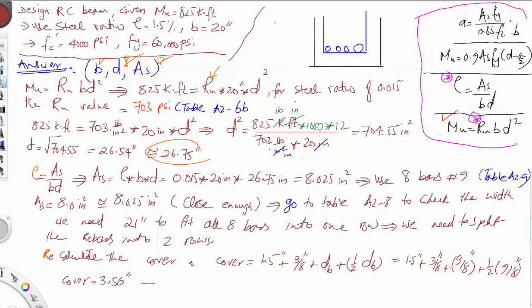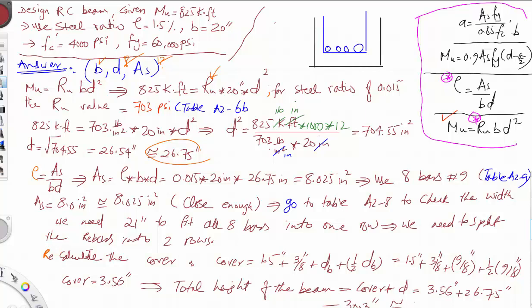3.56 inch. So it means the total height of the beam is equal to the cover plus the d, which is 3.56 inches plus 26.75 inches, and is equal to 30.3 inches.